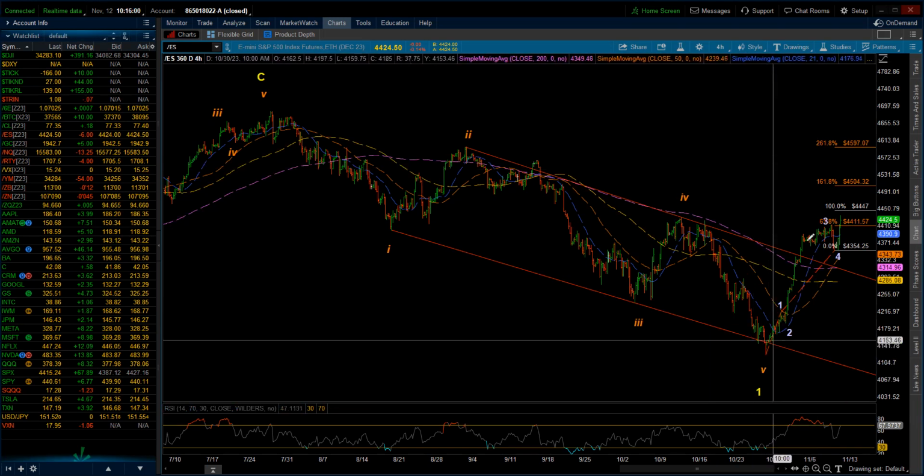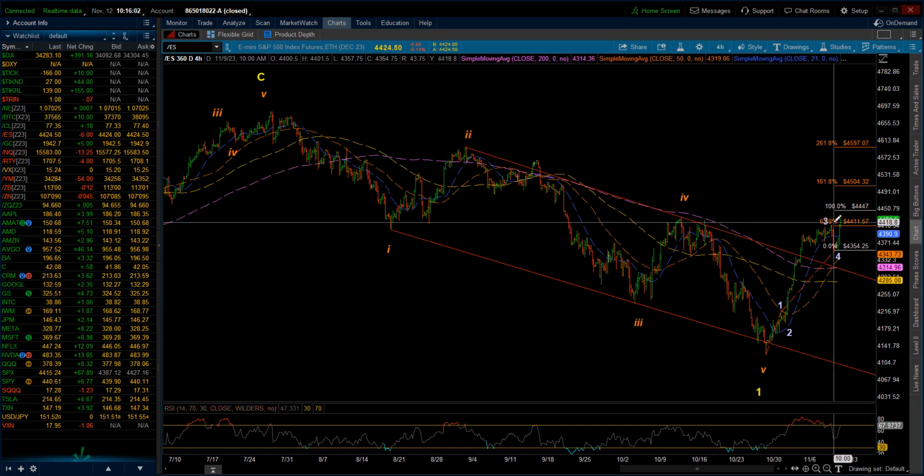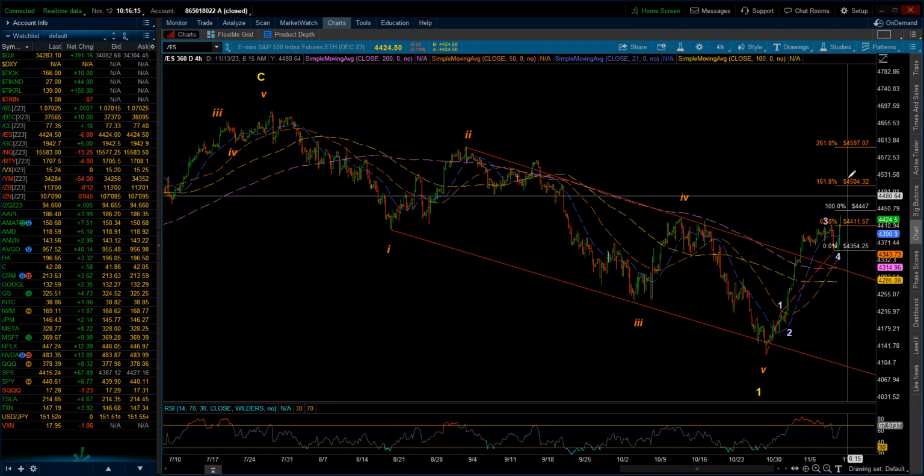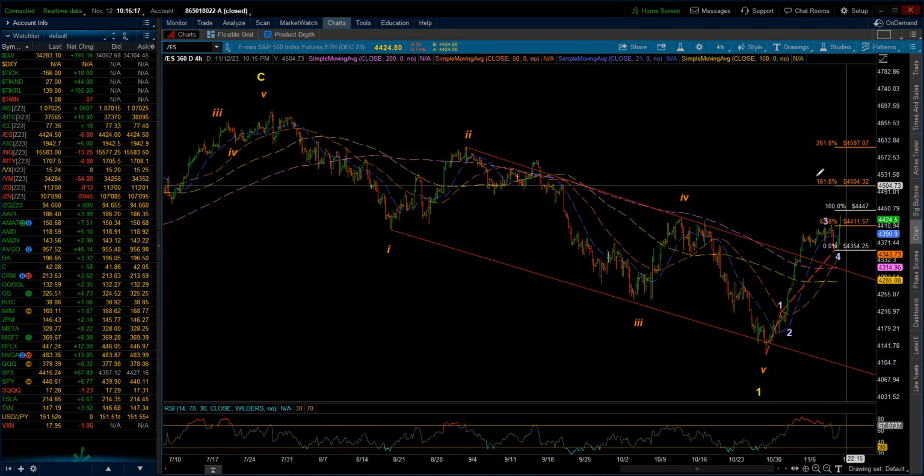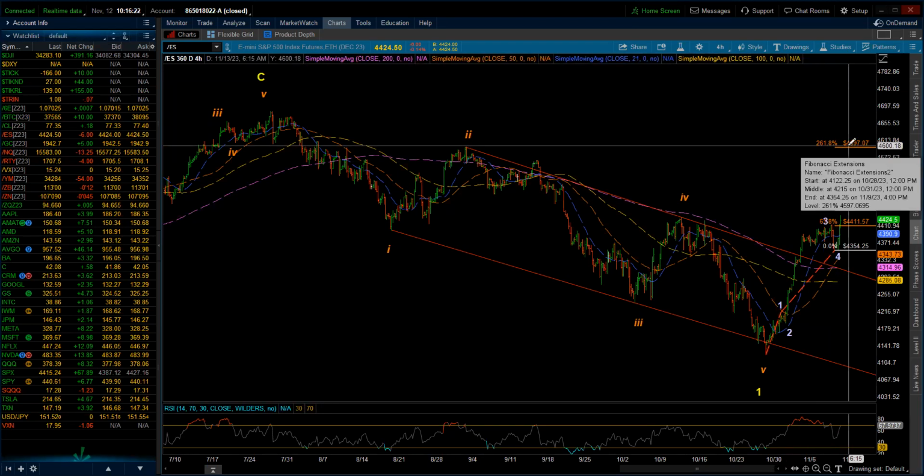But here we are. Again, we've seen this previously within a C wave. So that leaves open the potential that what we're seeing is AB, and we're inside the C wave, and possibly that C wave will get us up much higher.